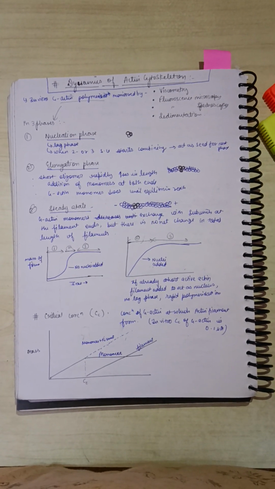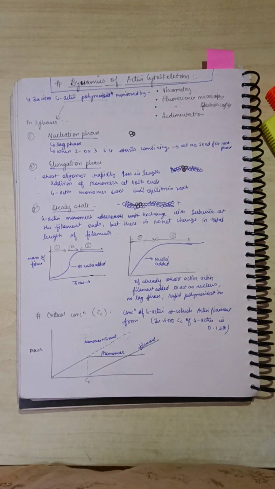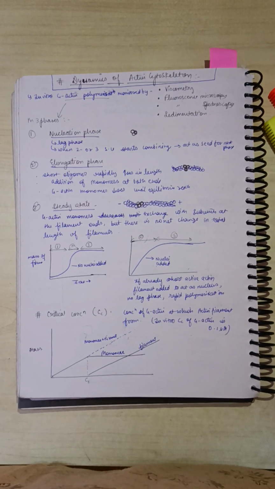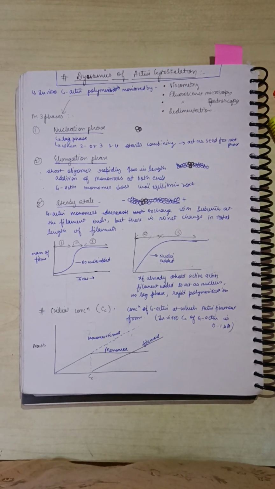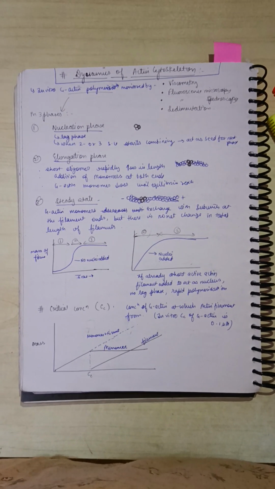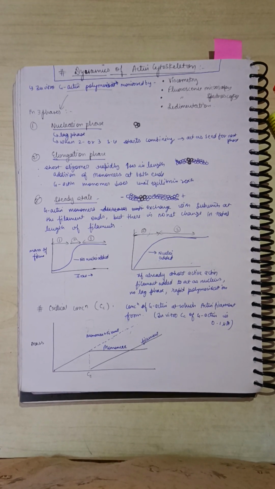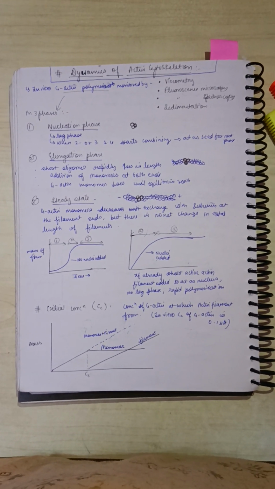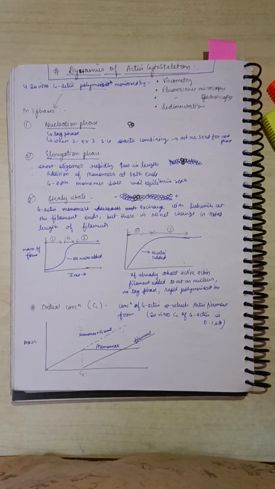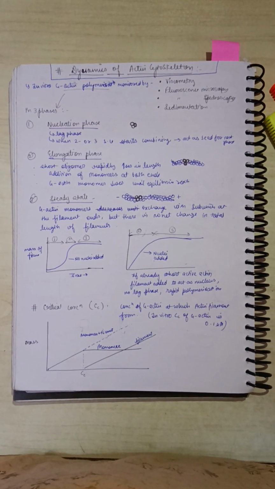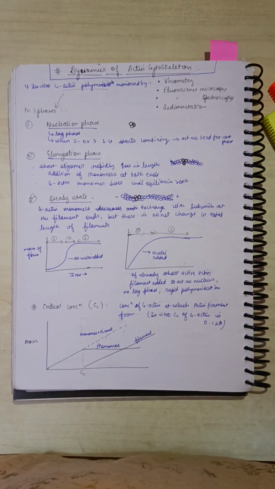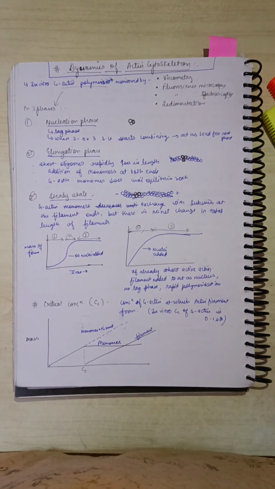As we know, actin filaments have a basic subunit, G actin, which gets polymerized and forms the actin filaments. And actin filaments, as we know, are a very important part of the cell, which is a type of cytoskeleton. So in this video we will cover polymerization.